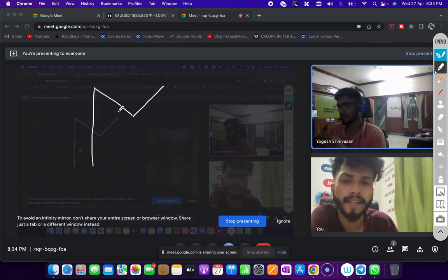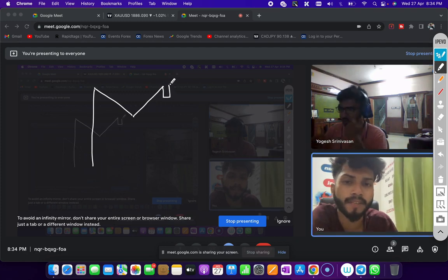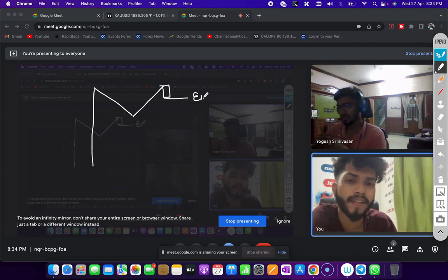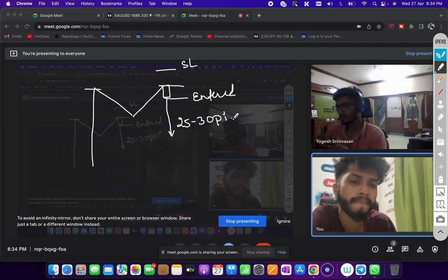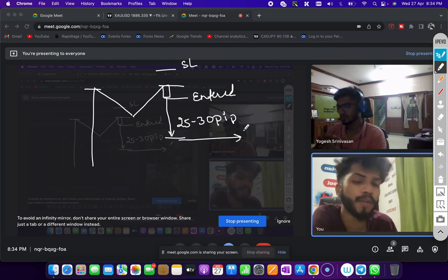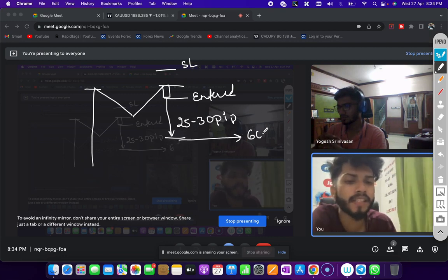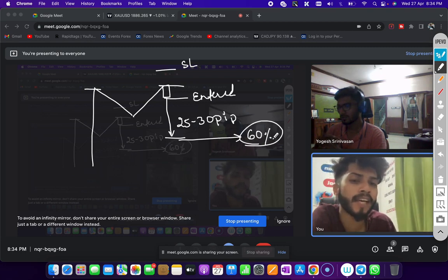Let's say that here you shorted, you have entered, and you have placed your stop loss at this particular point. Once it reaches 25 to 30 pips, you can dilute 60%.